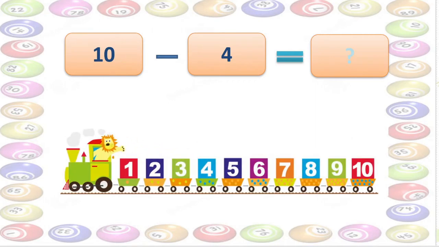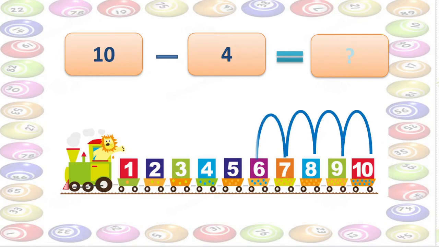Okay. Now you can see here 1 to 10 numbers. Right. Now we will count 4 steps backward. See here. This is 1, 2, 3 steps backward. This is 4 steps, means 4th step. What we got?